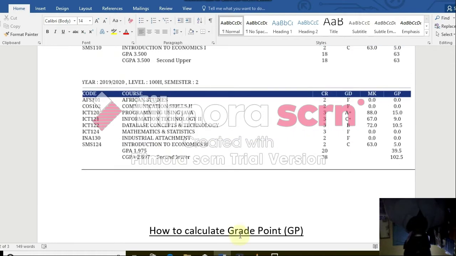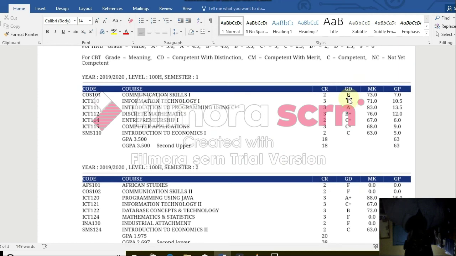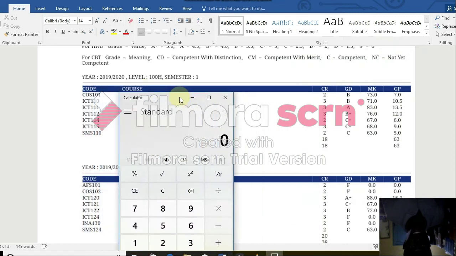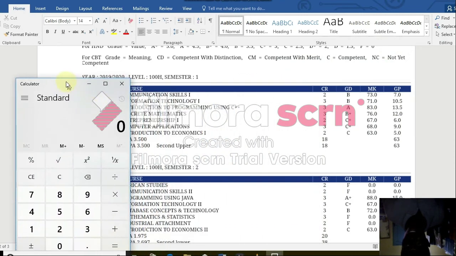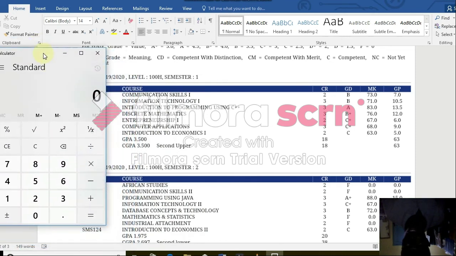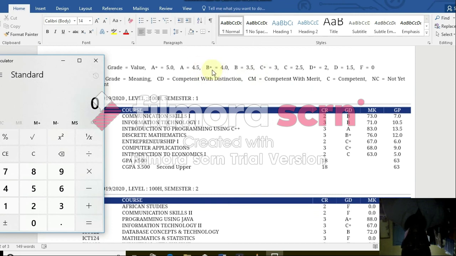So let's go to our communication skills. Let's bring out our calculator and do our calculation. Looking at communication skills, the grade is B, and the value for B is 3.5.